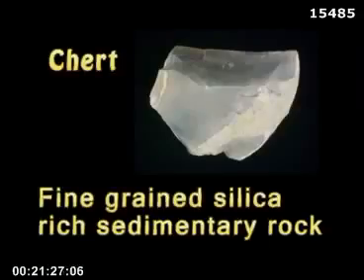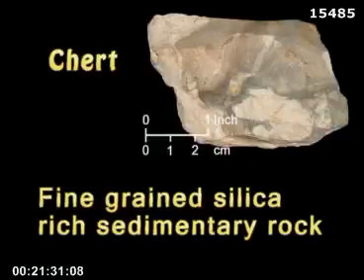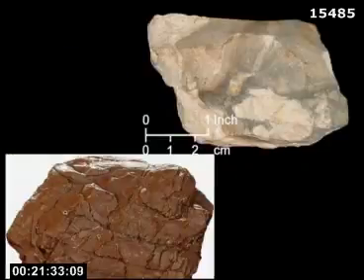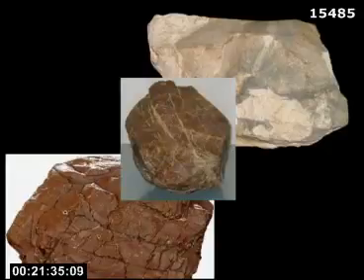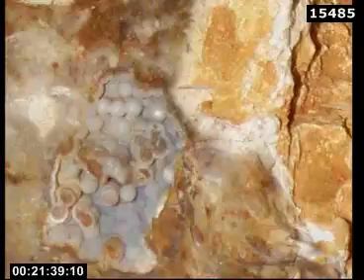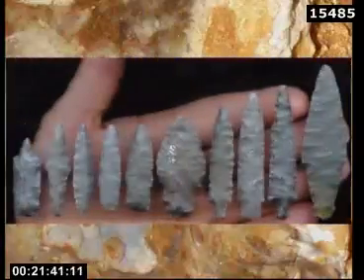Chert is a fine-grained silica-rich sedimentary rock. It comes in various colors, but grey, brown and rusty brown are very common. It was used by ancient civilization for making tools.